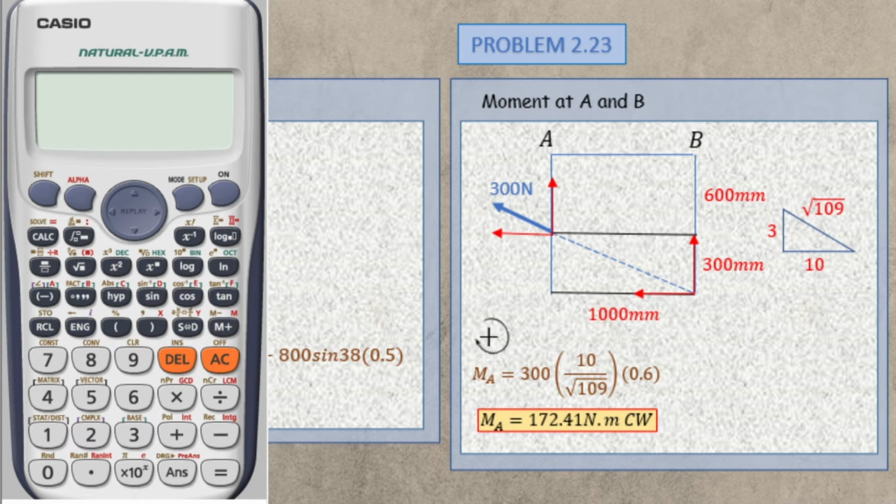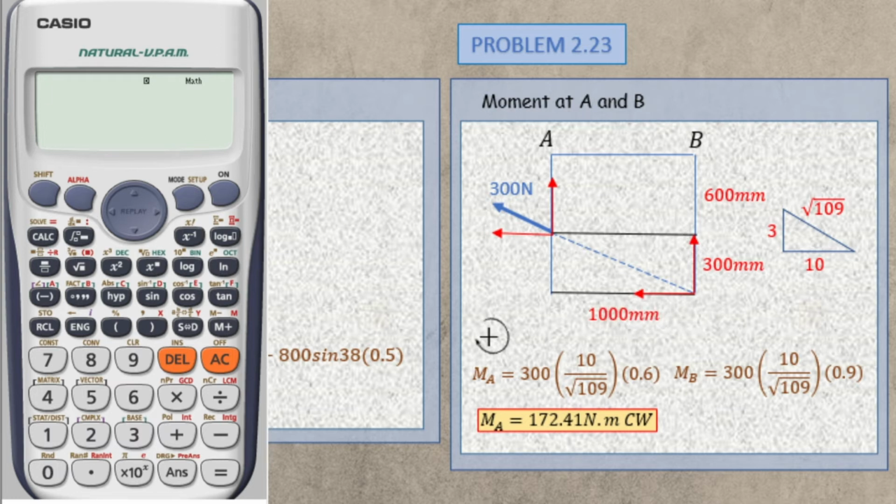So for our B, take moment at B. Just like A, I will choose this component. Why? Because as you notice, this is already at B, so therefore this will be 0 for our Y component, and we will just use our X component.